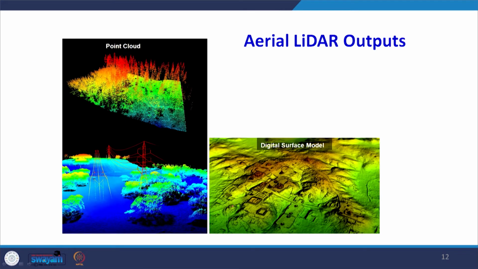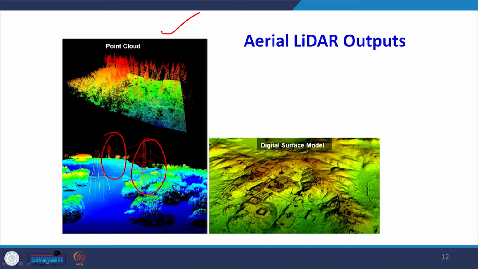Now what is the product? The product looks like this. There is point cloud data which you can see in the left slide here of the terrain. So when you look at the point cloud data, vegetation cover, you can actually very well see those transmission towers also. Each and every minute detail can be seen from this.